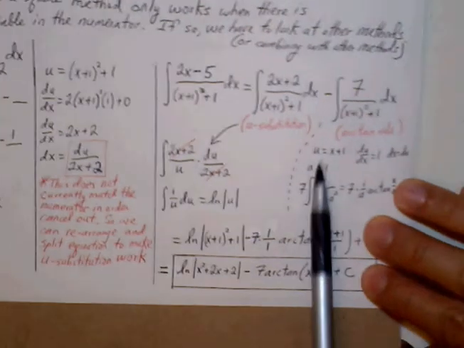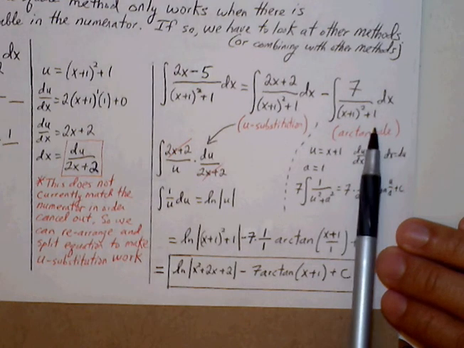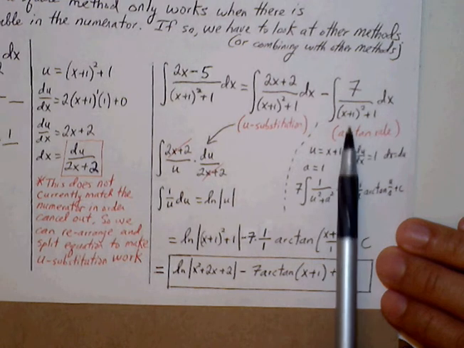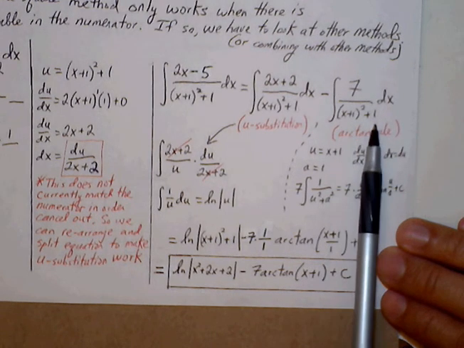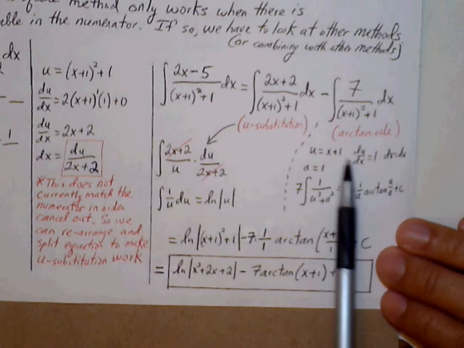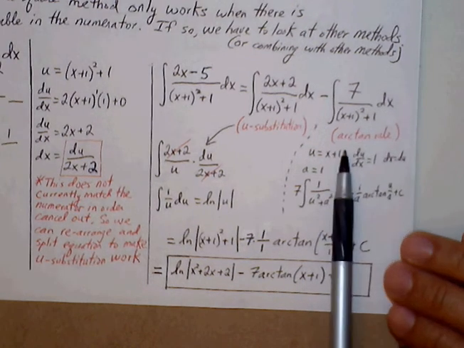Now if we look at the second portion, the 7 over x plus 1 quantity squared plus 1, this matches nicely with the arctangent rule. So we can let our u value be x plus 1, our a value is 1, and our derivative, du over dx, is equal to 1, so dx equals du. And we can simply plug everything in.